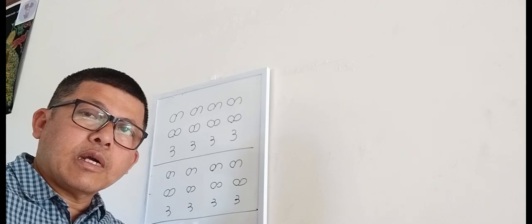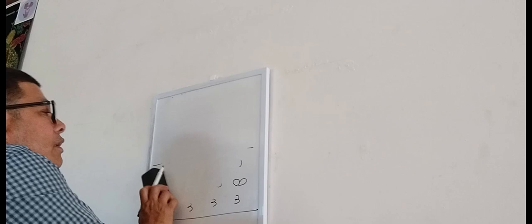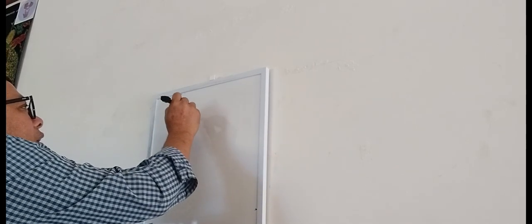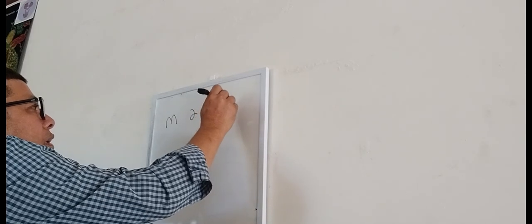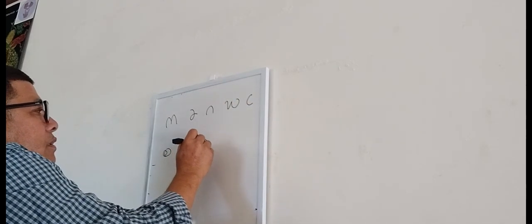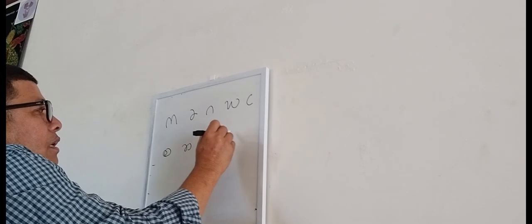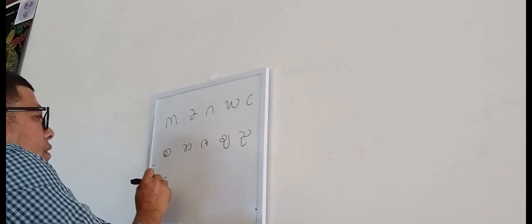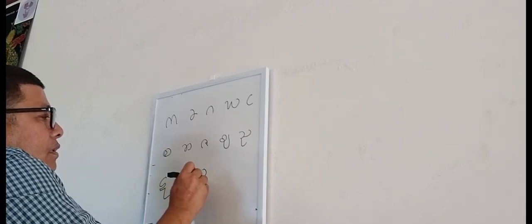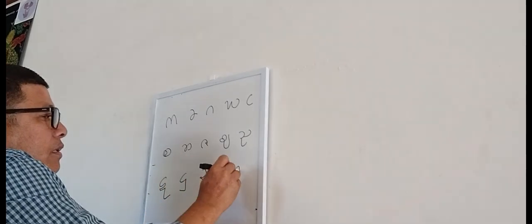Ta, ta, da. Okay, I will write it here in full and then you will remember. Let's take ka, kha, ga, ga, nga. Sa, sa, za, za, nya. Ta, ta, da, da, na.